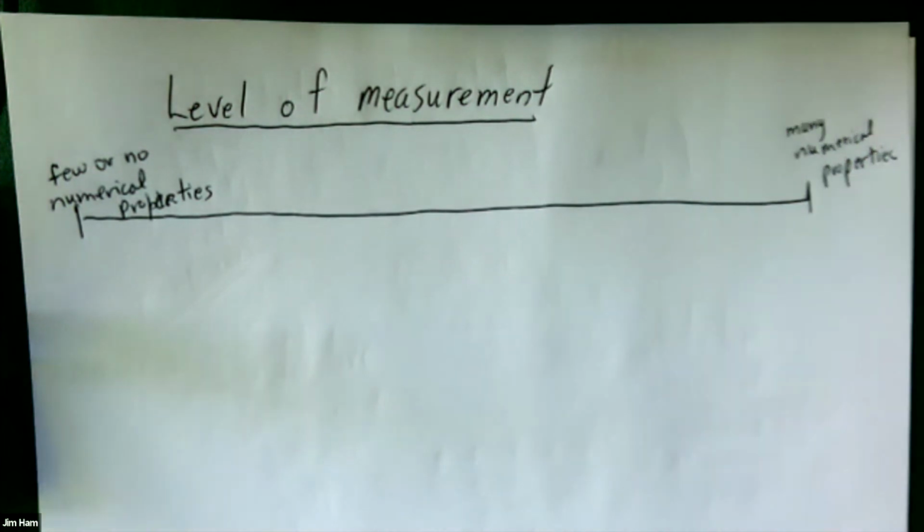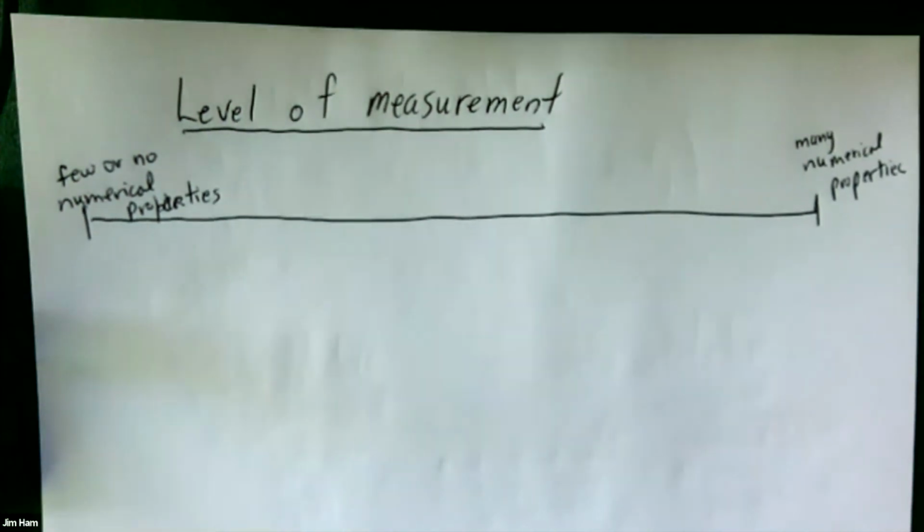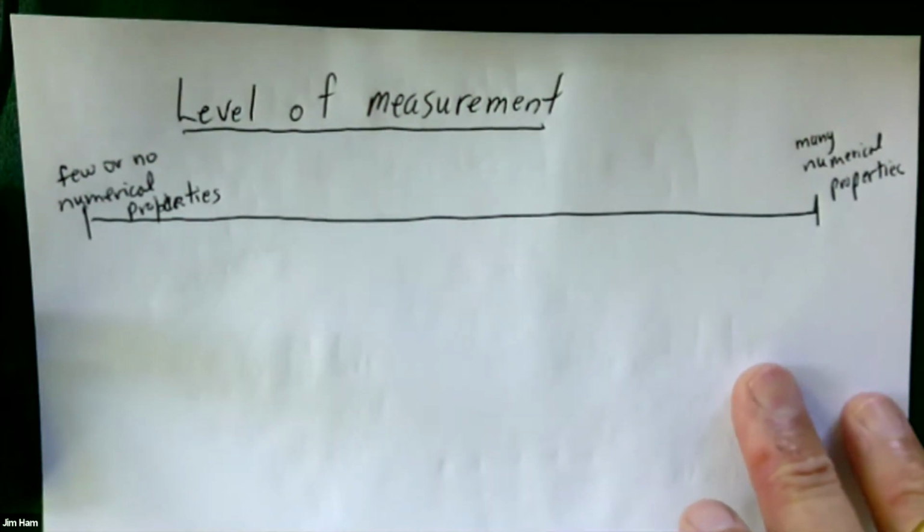You can say things like this, and it's meaningful, and that would be more properties. Does the variable have a zero value, and if that variable has a 0 value, does that 0 mean none? That's another numerical property.